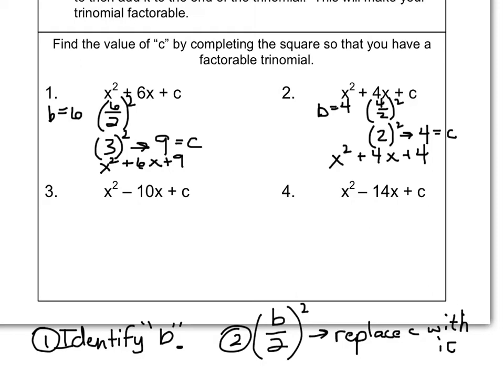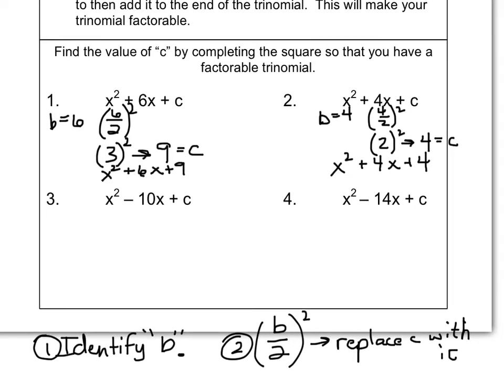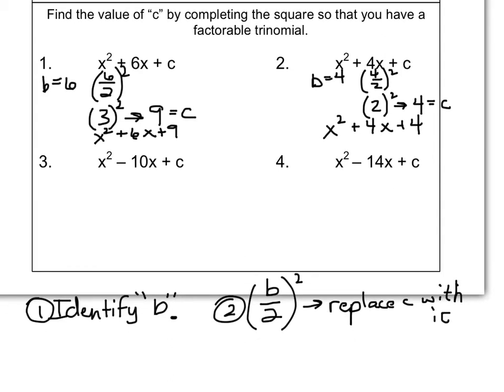Okay, now let's take a look at example number 3 here. This time, B is a little bit trickier because B happens to be a negative 10. So we're going to take negative 10 and divide that by 2 and square it.